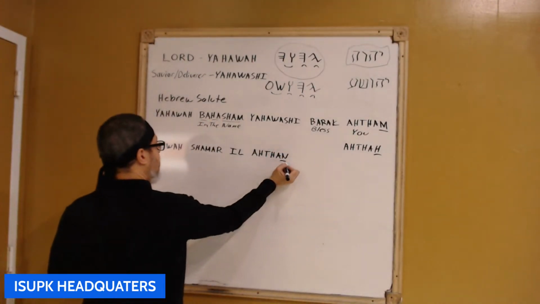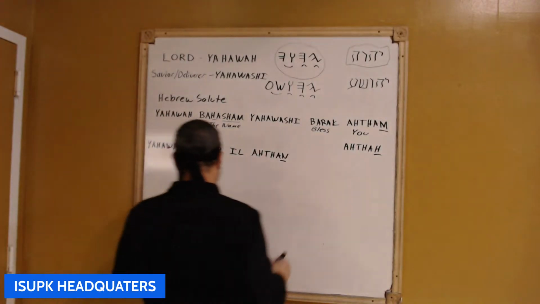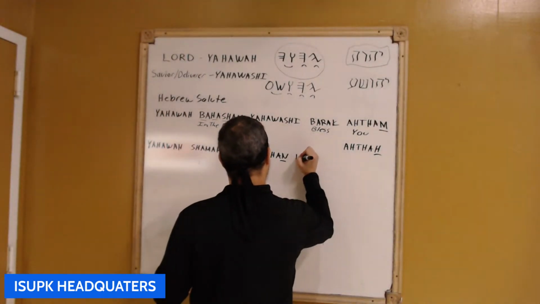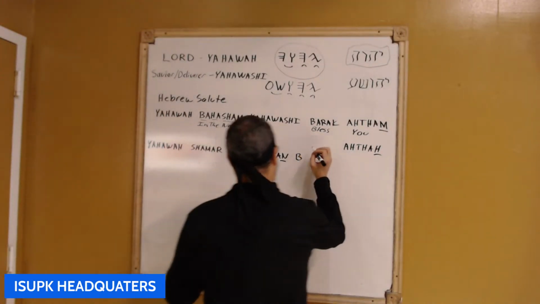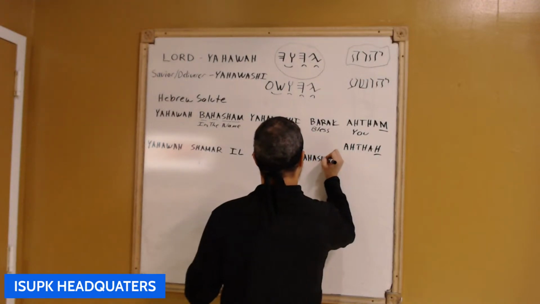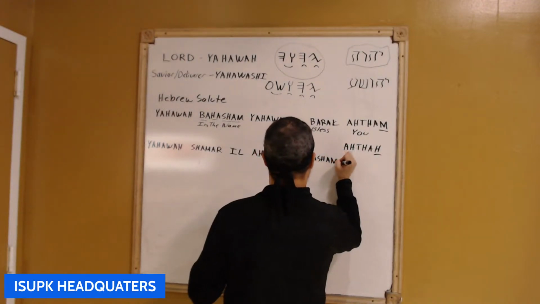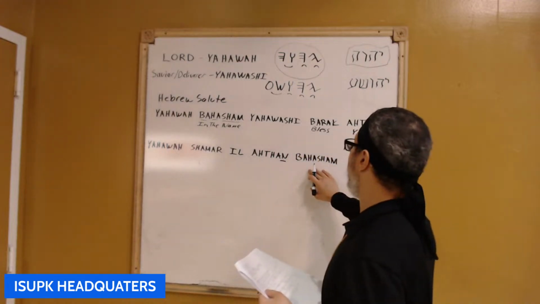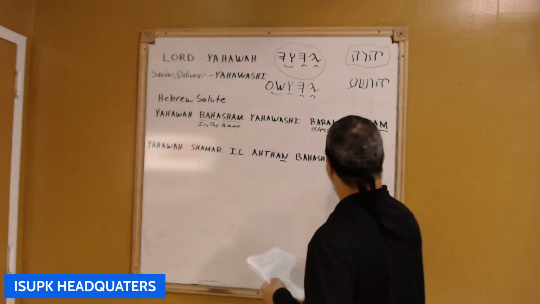Notice this ends in an N. We're talking to the sisters now, feminine. Bahasham, and then Yahweh Shai.